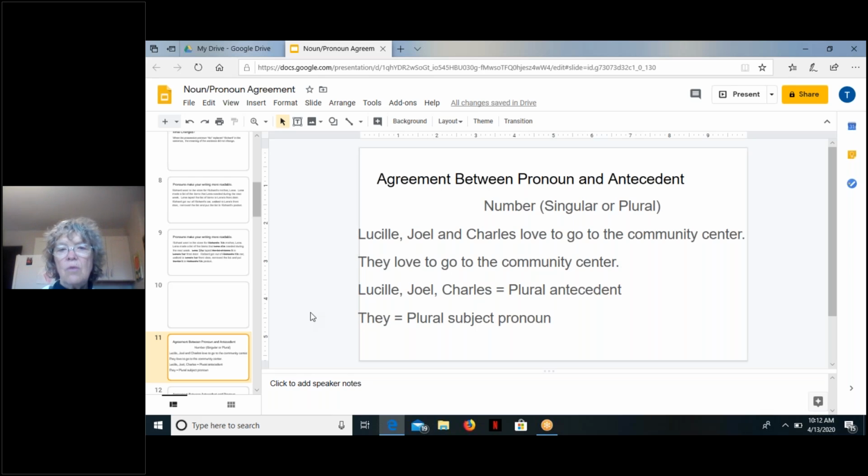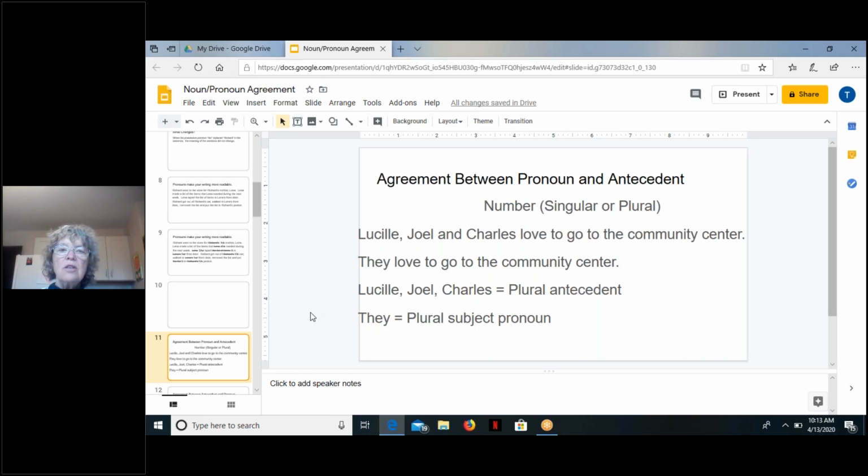First of all, the agreement depends on several things. The first of these I'm going to talk about is agreement in number. And I'm talking about number in terms of only singular and plural, nothing more difficult than that. So let's take Lucille, Joel, and Charles love to go to the community center. Lucille, Joel, and Charles are the subjects of our sentence, and there are three of them, plural.